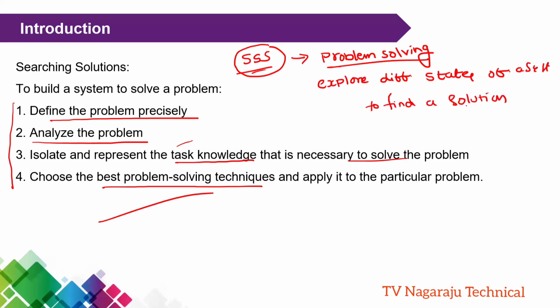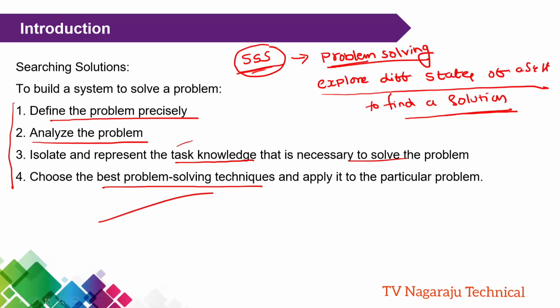Remember this definition. What is your aim? You need to identify the solution. For identifying the solution for the given problem, you need to explore different states of a system. This is called state space search.